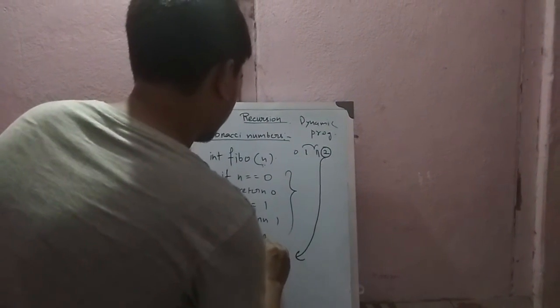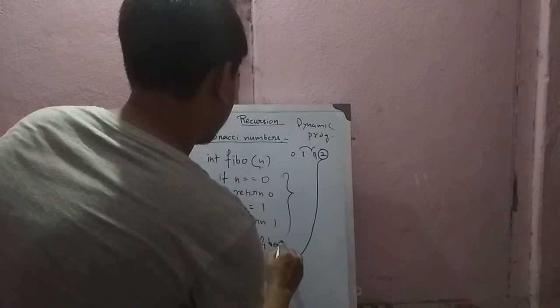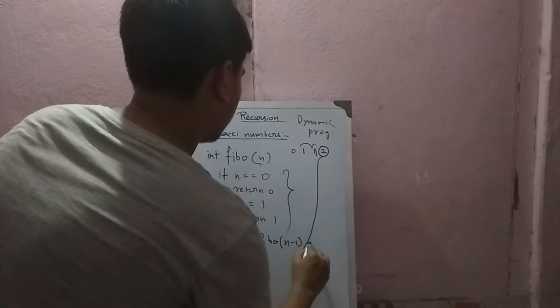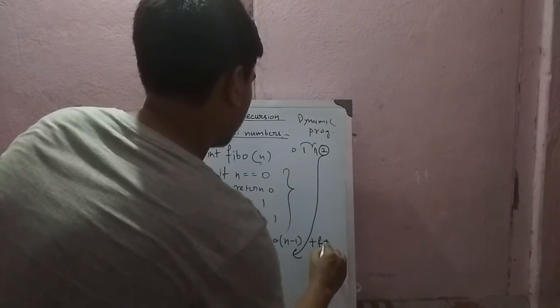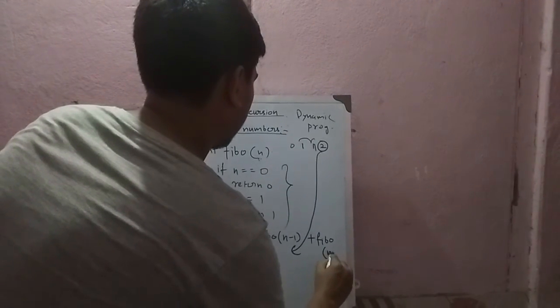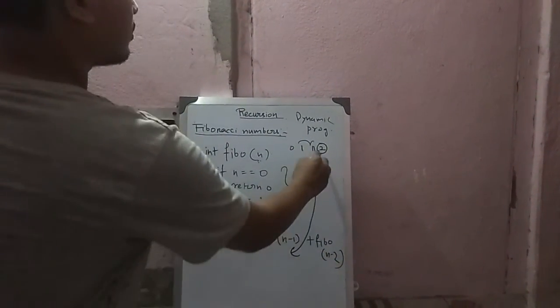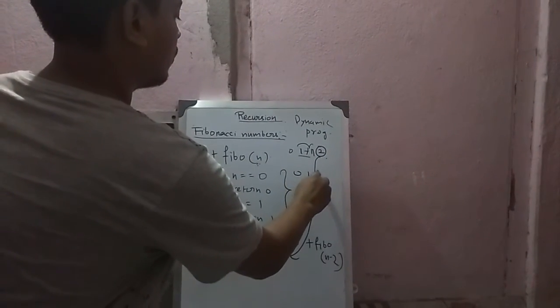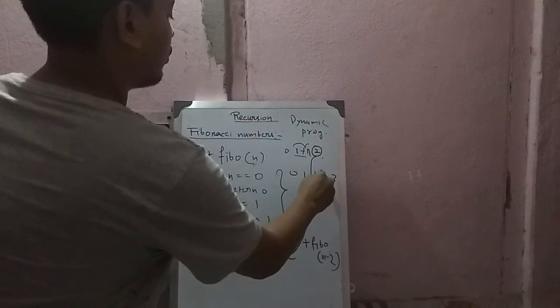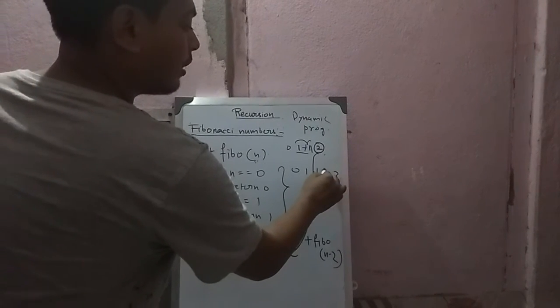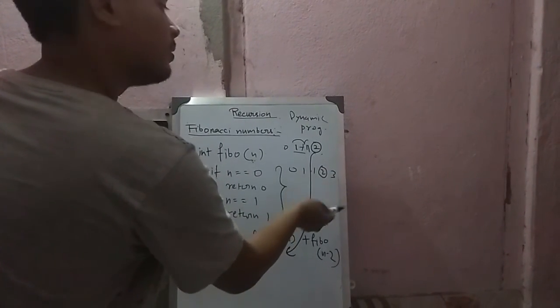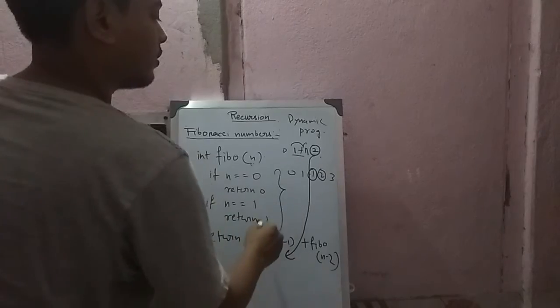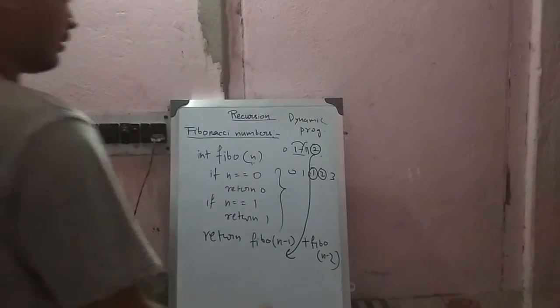Return Fibo of n minus 1 plus Fibo of n minus 2, right? Because that's how you can get the result 0, 1, 1, 2, then 3. So you need the previous and the one previous to that.